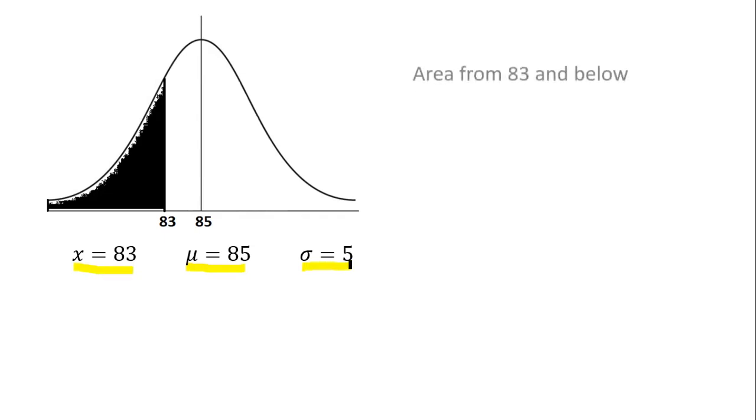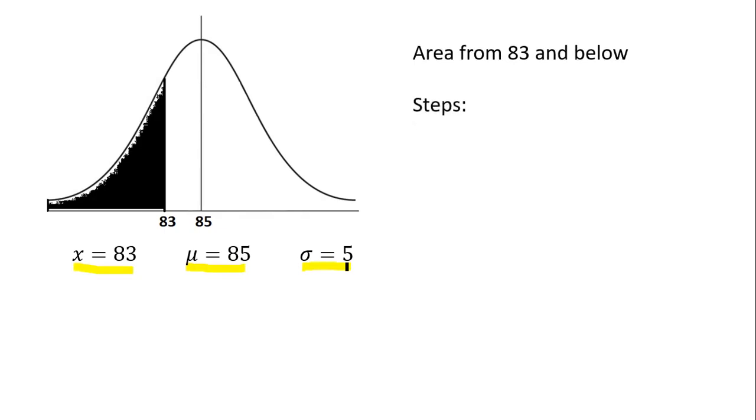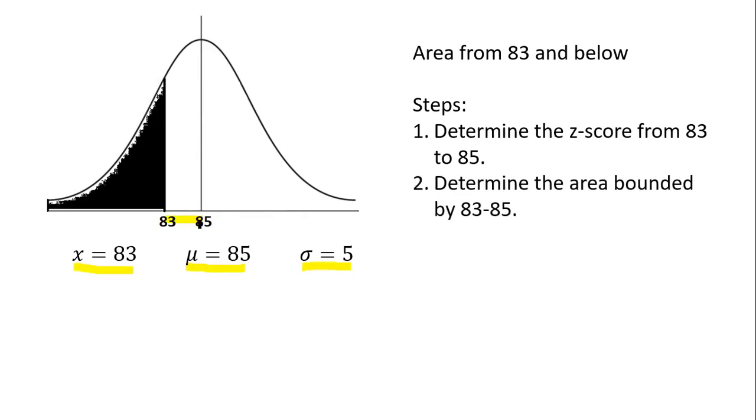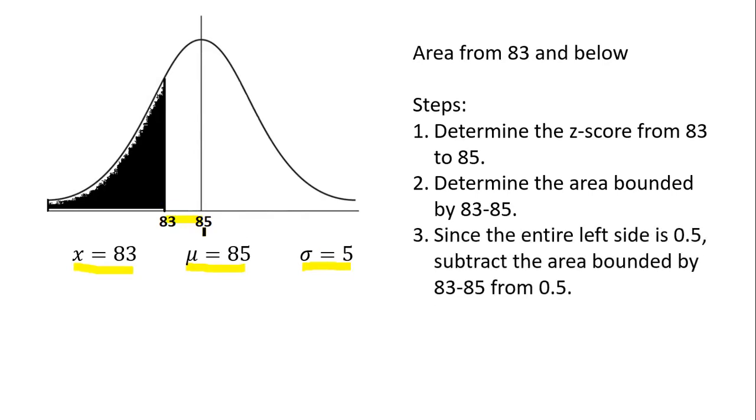So steps to get the area from 83 and below. Step 1, determine the z-score from 83 to 85. Then after determining the z-score, of course, followed by the area bounded by 83 to 85. And then since the entire left side is 0.5, subtract the area bounded by 83 to 85 from 0.5.